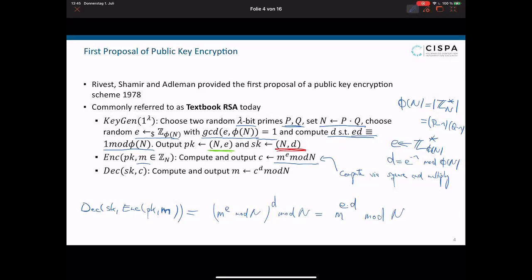How can I see that m to the e times d is the same as m? That's what I have to prove. I need to show that this is the same as m. How can I show that?